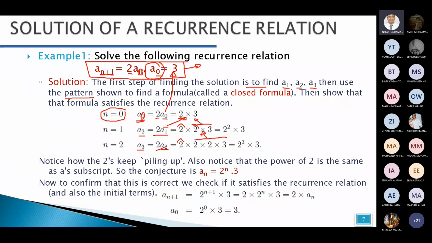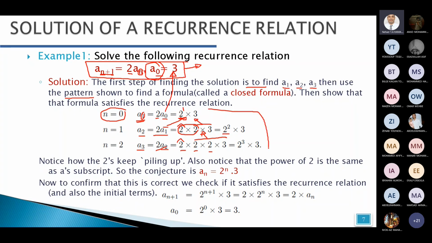This one, we have 2 multiplied by 2, which means 2 to power 2. This one, 2 multiplied by 2 multiplied by 2, means 2 to power 3. And this one, 2 means 2 to power 1, because anything to power 1 is the same.